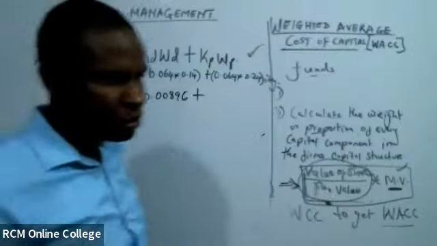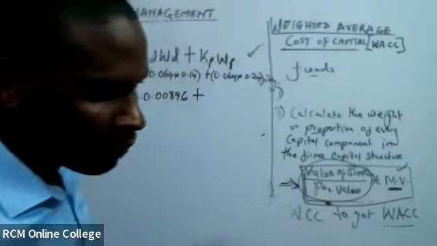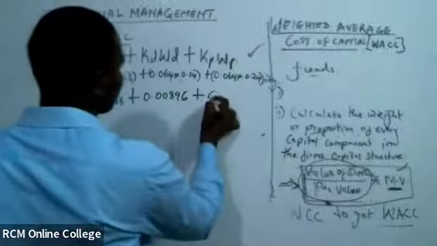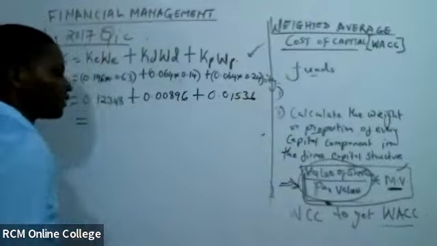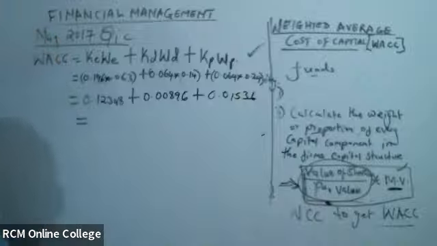Ya mwisho 1536. Haya. Sasa nipatie tu total. Total ni ngapi? To four decimal places.